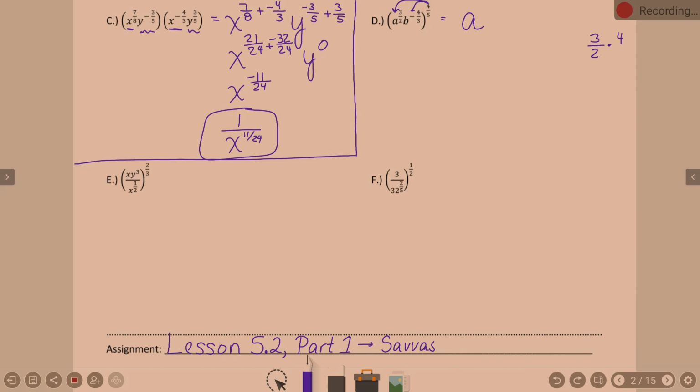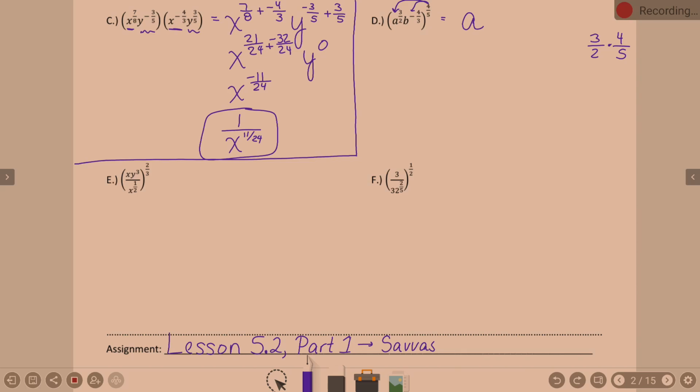3/2 times 4/5. You can multiply straight across and tell me that it is 12 over 10.